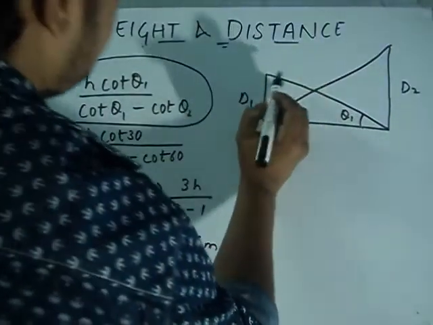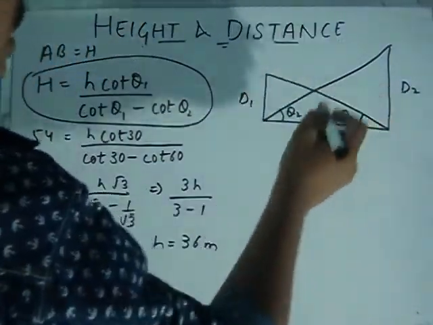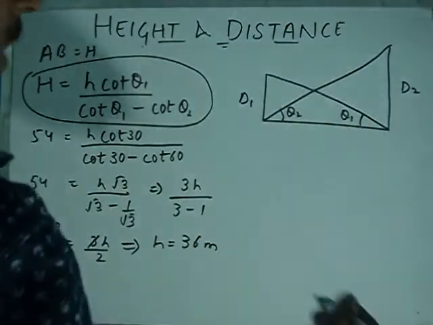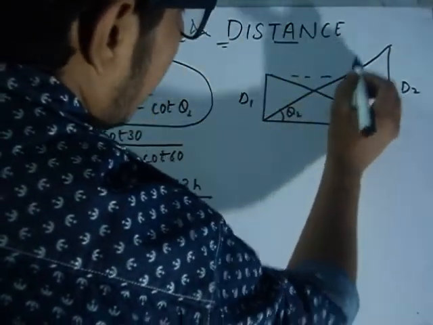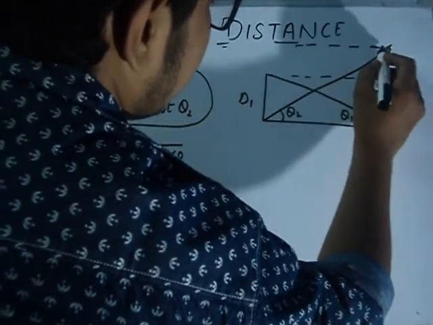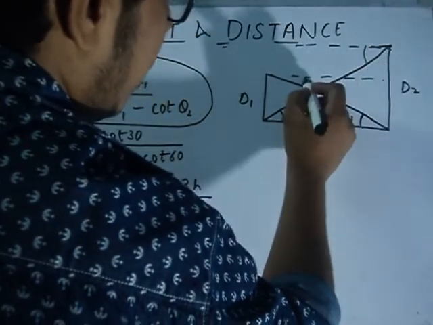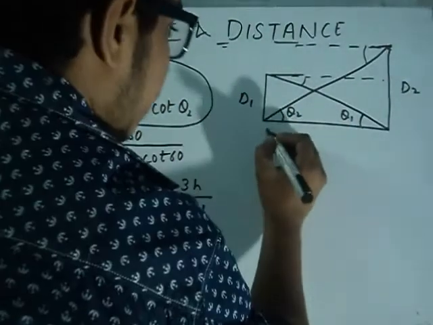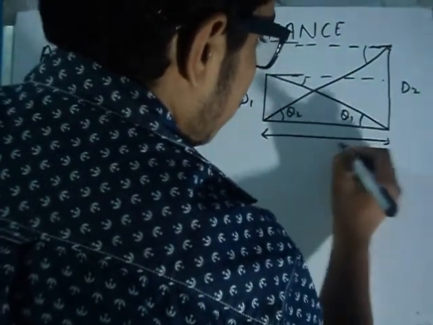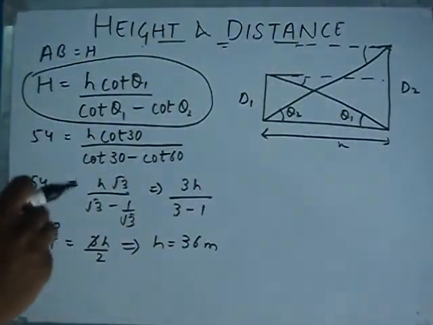Or if the person is watching from this point, then we can say these are angles of depression, and if the angles of depression are given, by alternate angles we can say the same. What if we have to find the distance between these two points? It's a trick for a special purpose.